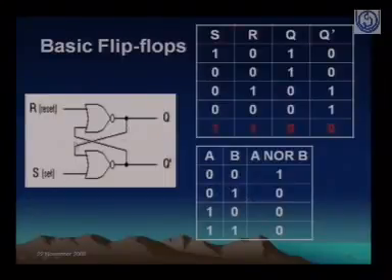If one of the inputs to the NOR gate is 1, the output has to be 0. So as soon as S becomes 1, after the basic propagation delay, you will get the value of Q prime as 0. Why do you get Q prime as 0?